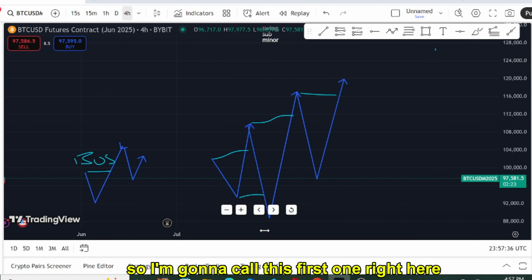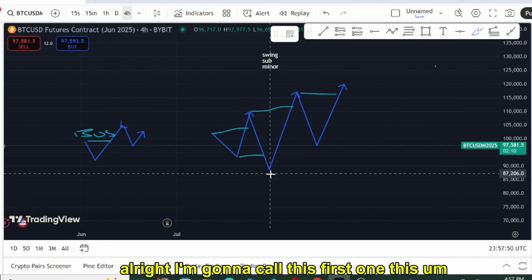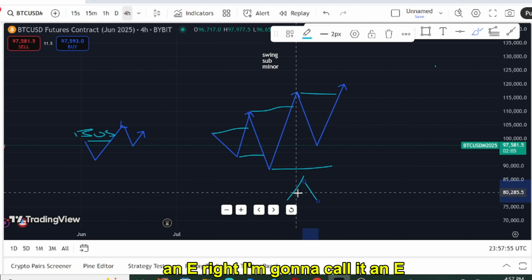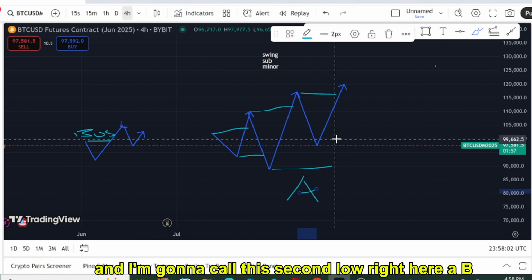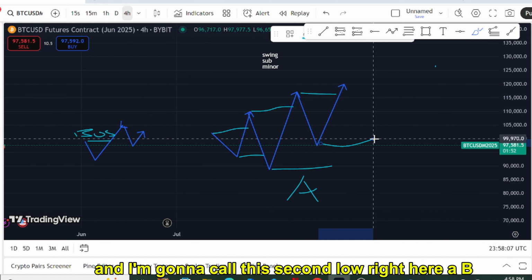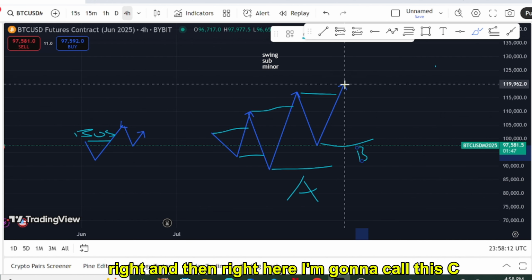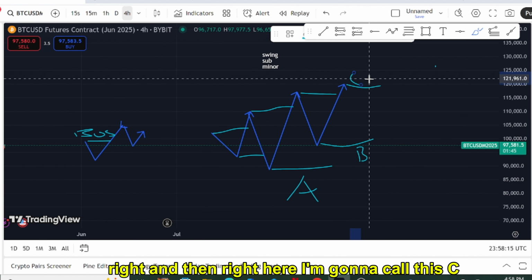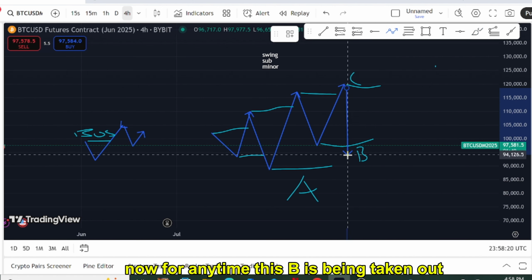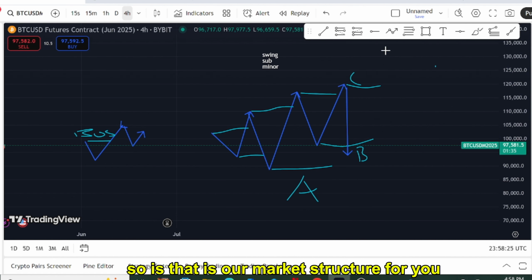I'm going to call this first low, the lower low right here, an A, and I'm going to call this second low right here a B. And then right here I'm going to call this C. Any time this B is taken out, we tend to buy, right? So that is algo market structure for you.